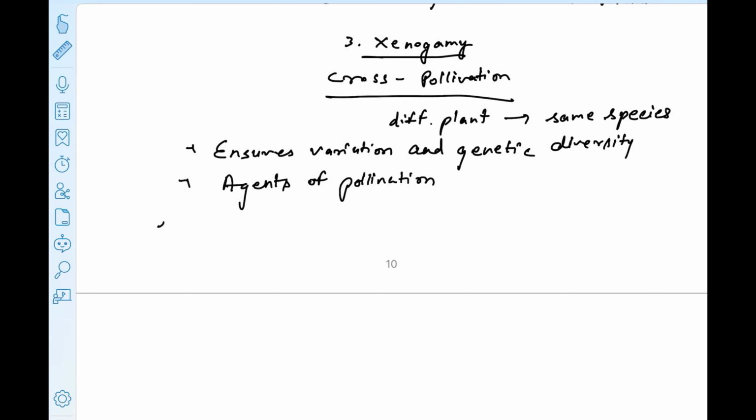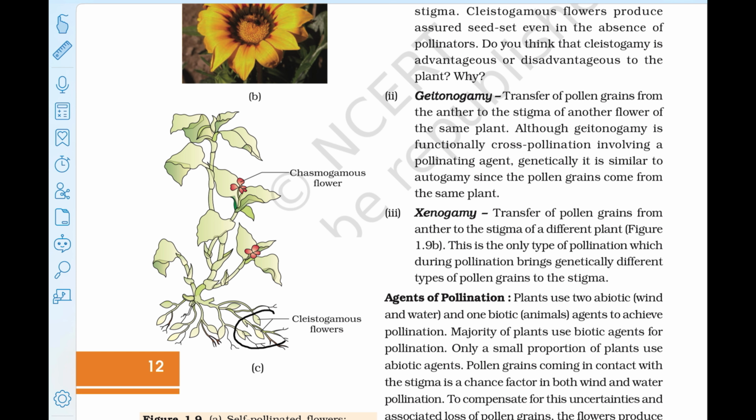Okay, and examples are papaya, maize, coconut, and apple. Here you can see an example of a cleistogamous flower.